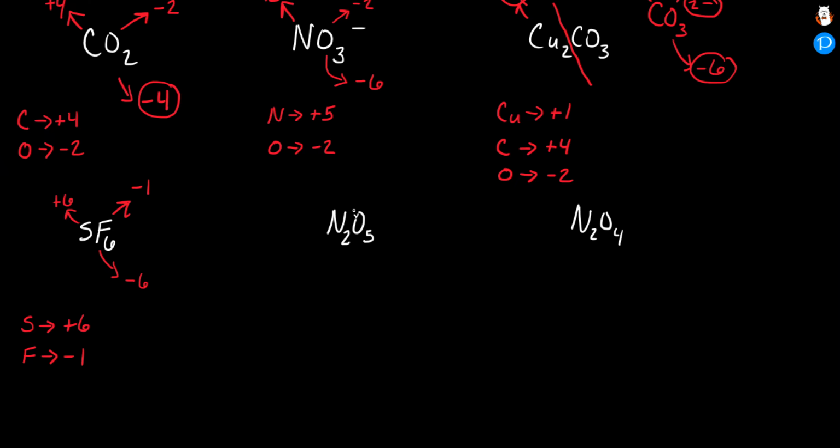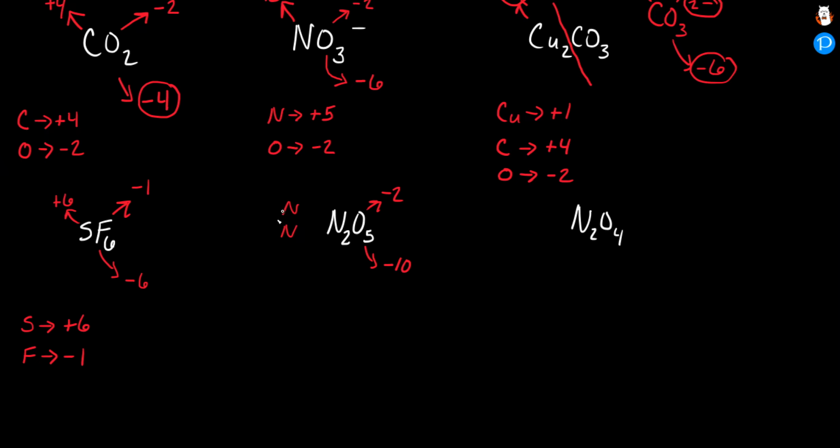Over here, I see oxygen again. I'm going to start with that one. Oxygen we label as -2. The total is going to be -10, because I've got 5 of them. 5 times -2, the total is -10. Now I've got 2 nitrogens, so I've got to ask myself, what's the charge on each nitrogen going to be to add up to -10?